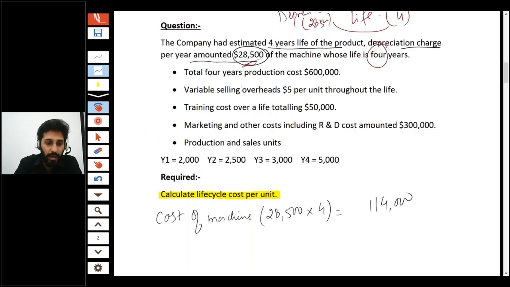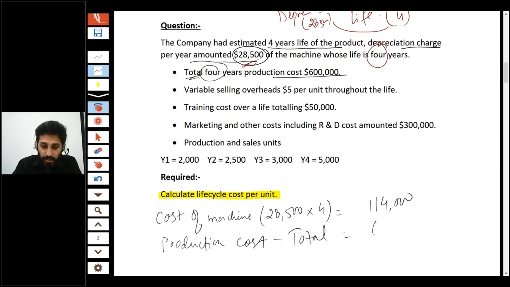And then there will be a total 4 years production cost of 600,000. And secondly, there is variable selling overheads of 5 per unit.